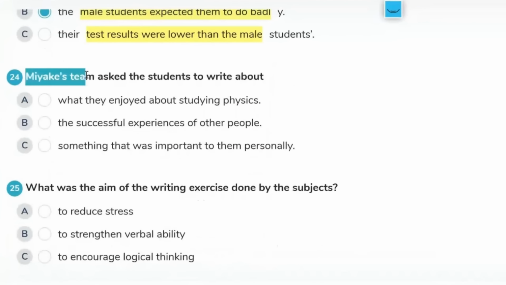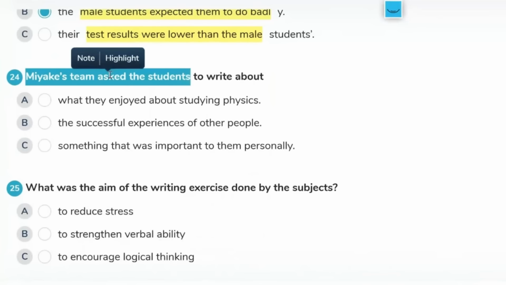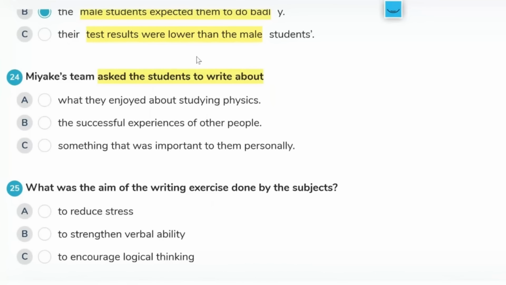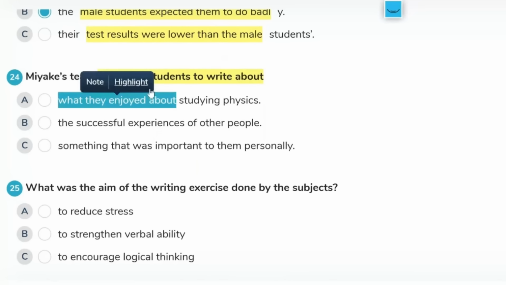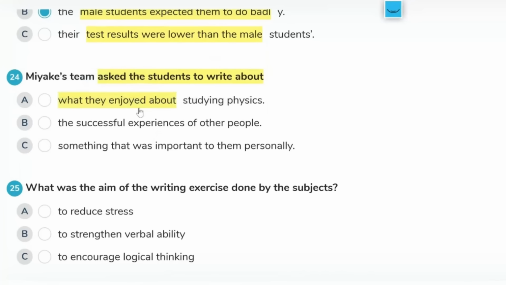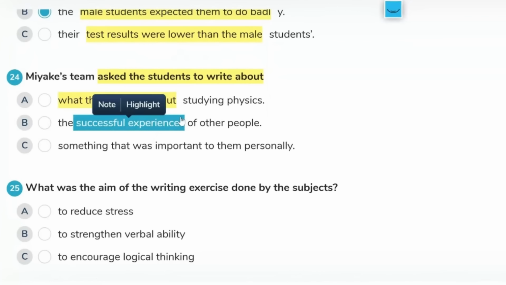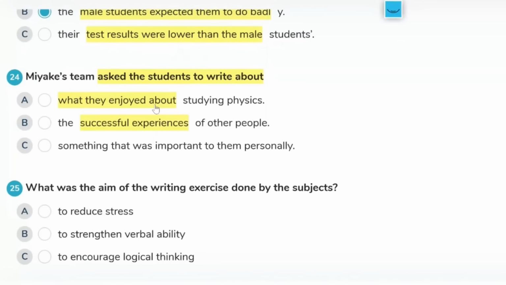Miyake's team, Akira Miyake and their team, asked the students to write about... what? Okay, they asked the students who participated in the research to write about something. So A, what they enjoyed about physics. So to write about what they enjoyed, and physics is understood. Or write about successful experiences, or write about something that was important to them personally.